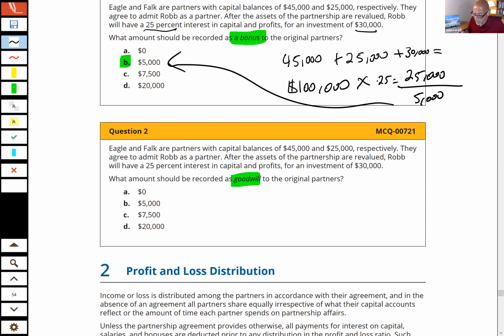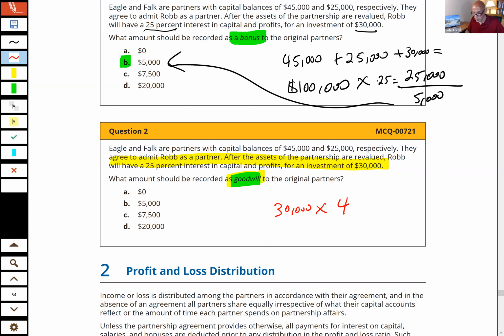And same facts as the previous problem, except now they want us to use Goodwill. So Rob's going to have to pay what? 30,000 for a 25% interest. And so that's equivalent to saying that the partnership under the Goodwill method is actually worth 4 times the 30,000, right?